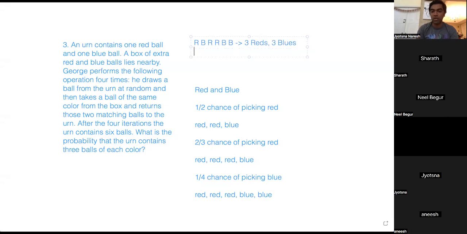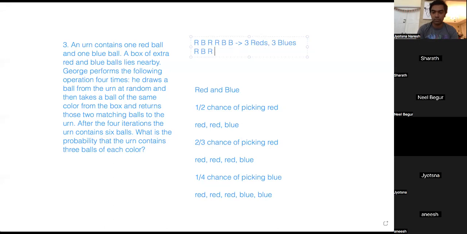Now, that's not the only possibility, right? So what is another possibility that could happen here? Would it be red, blue, red?